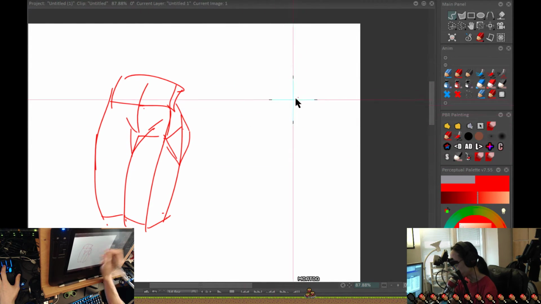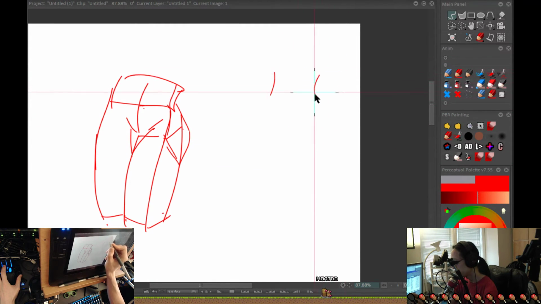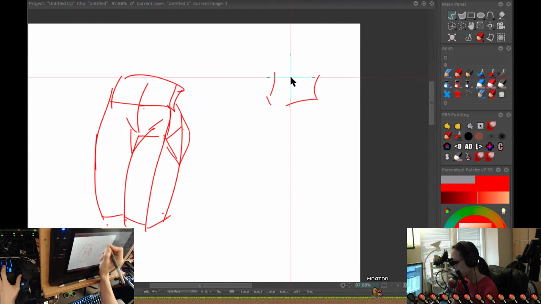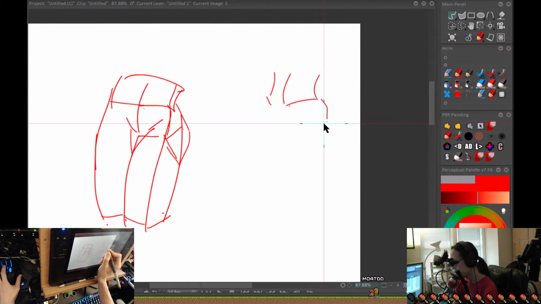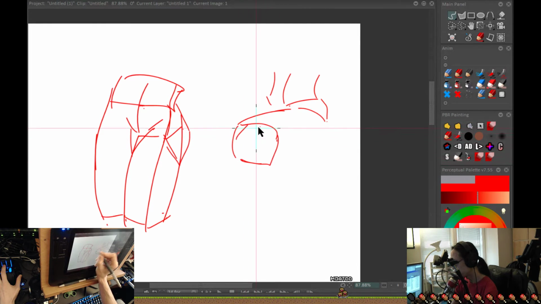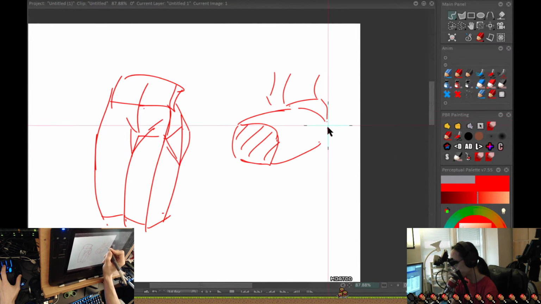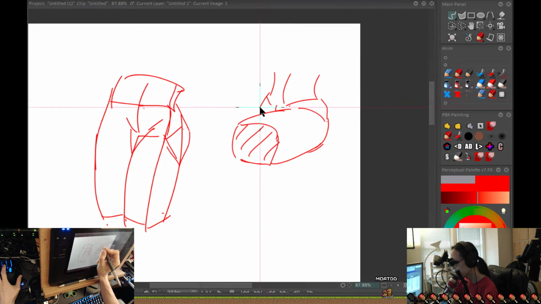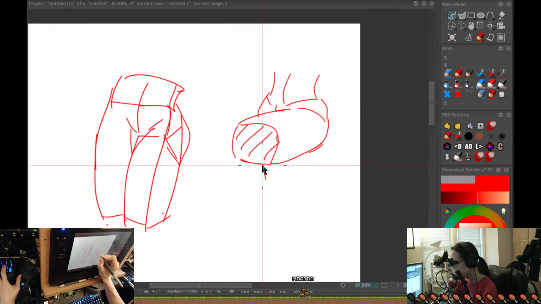Let's bring that one leg forward. And another thing is that when you have something which comes out the other side, you got to look at this line and just be able to imagine, right?